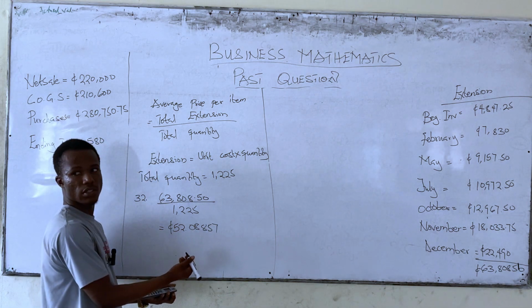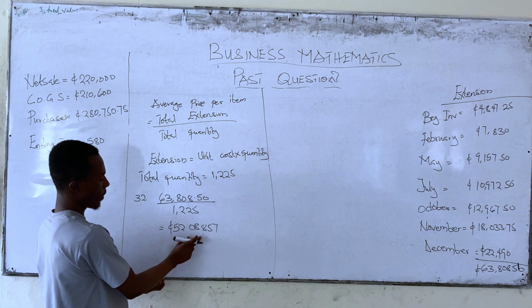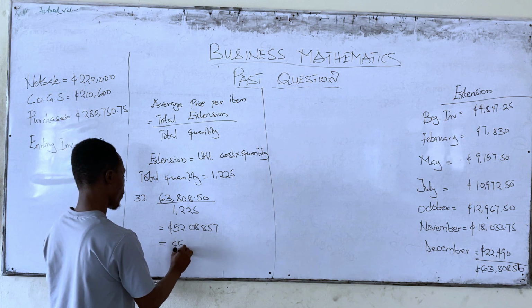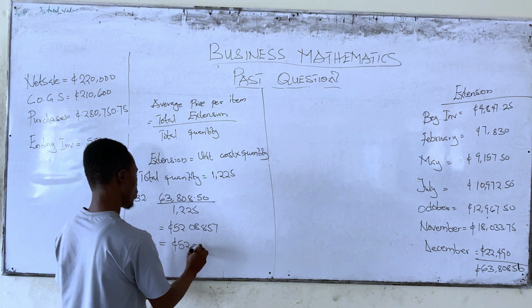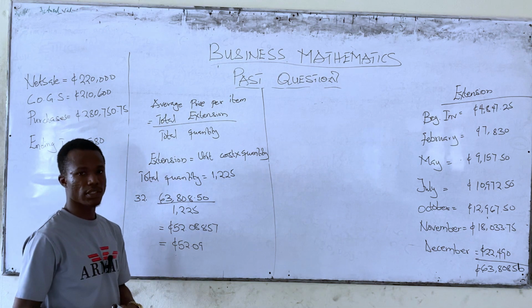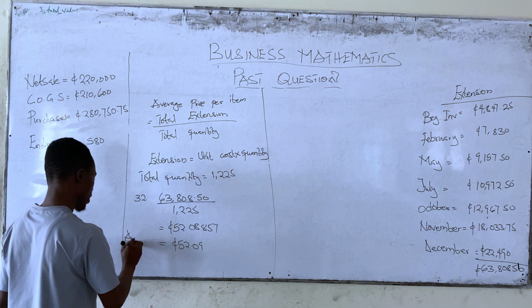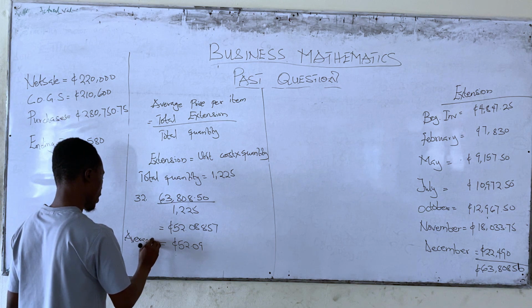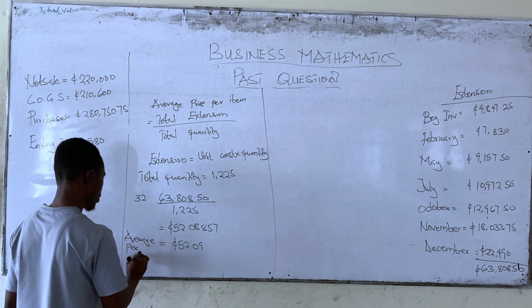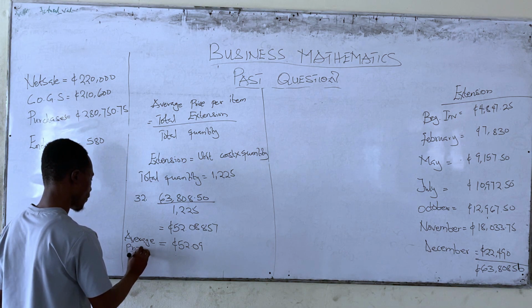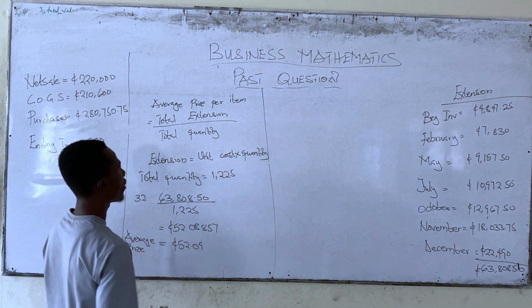Because it is currency, you have to make it two decimal places, so it is going to be 52.09. I hope that is correct. So this is the average price per item.